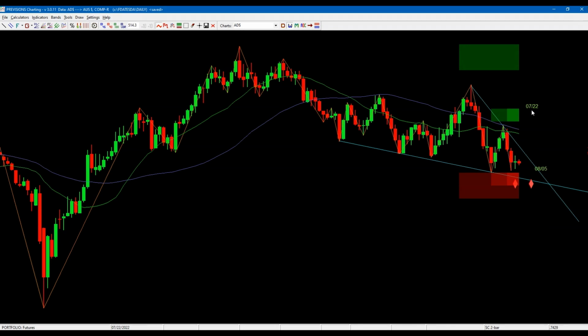The probability is high for week 722 to make a topping, a swing top of some sort, which means I would expect prices to be rising towards the week of July 22nd.